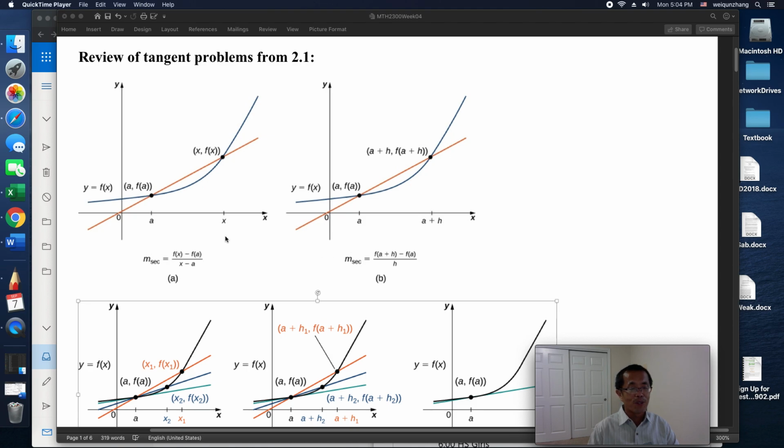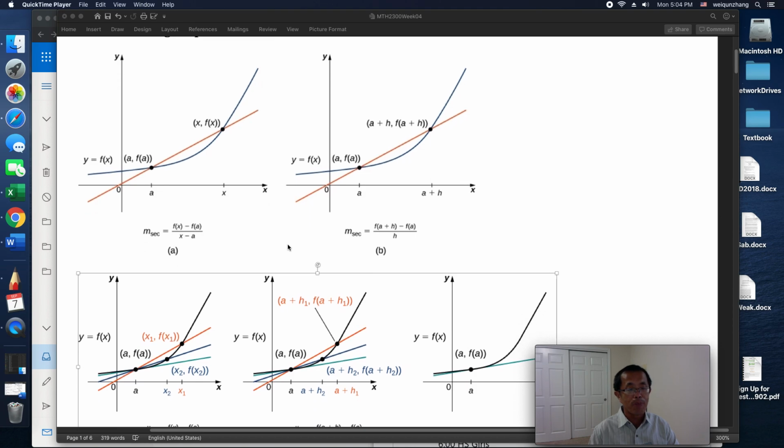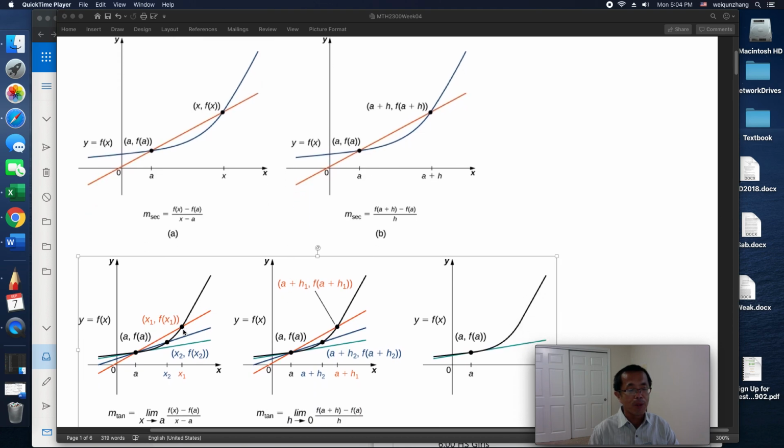Also, I hope you still remember the slope of the tangent can be approximated by the slope of the secant. And the approximation could be better if we move the other point closer to the given point A. From x1 to x2, the other point is getting closer to this given point.